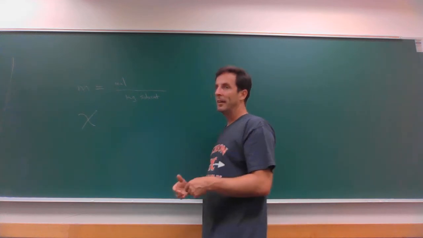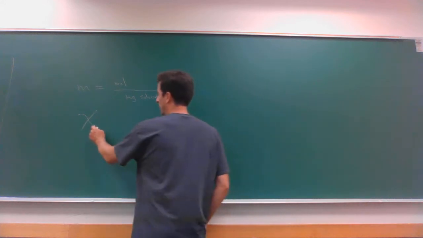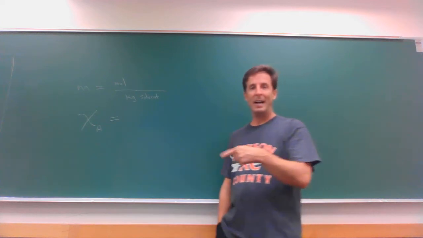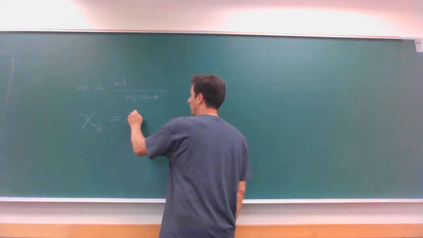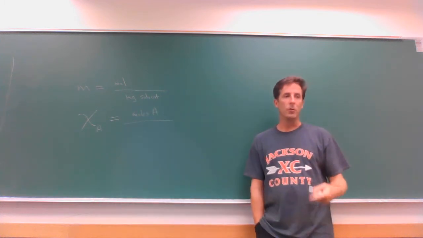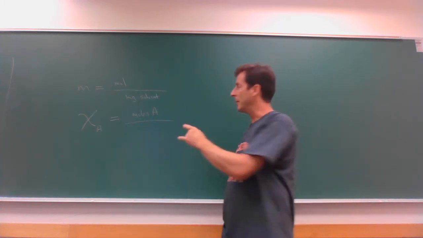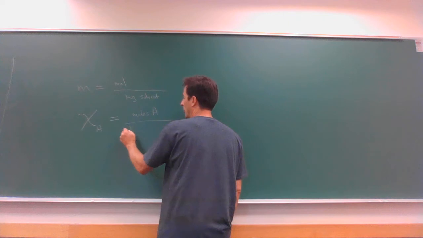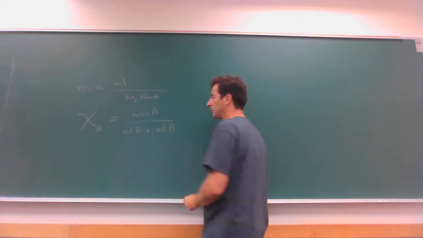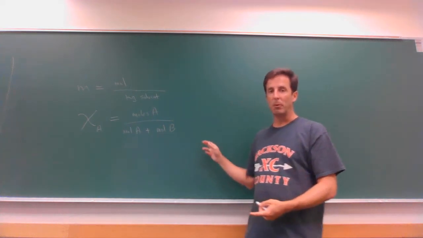So let's just say a solution is made up of compound A and compound B. The mole fraction of A is going to equal the moles of that component, so the moles of A, over the total moles of everything in the solution. So if there are only two components, the bottom would be the moles of A plus the moles of B. If there were three components, it would be moles of A plus moles of B plus moles of C on the bottom.